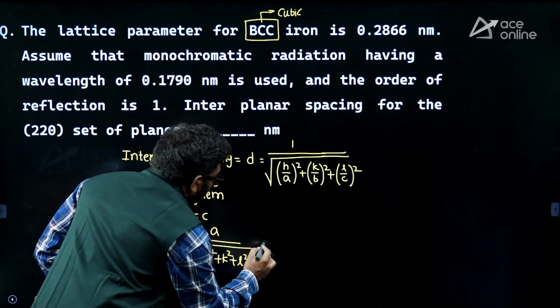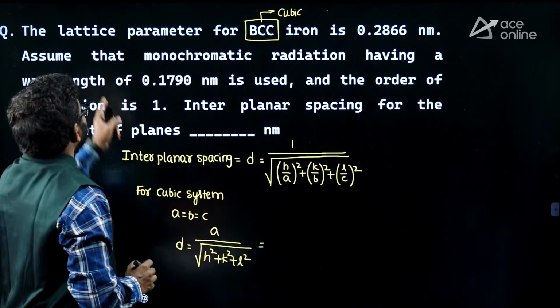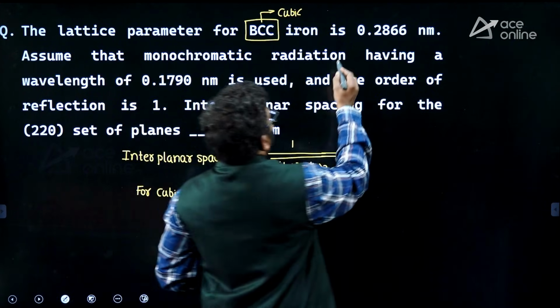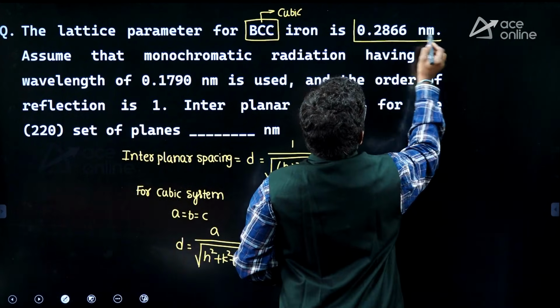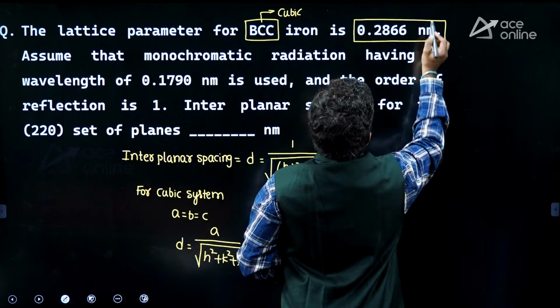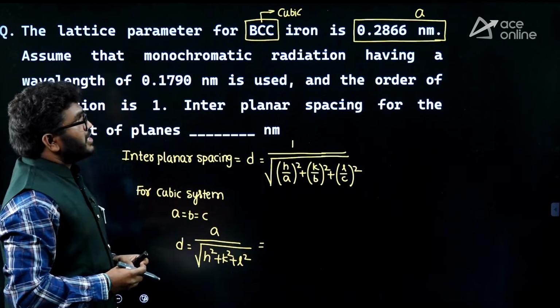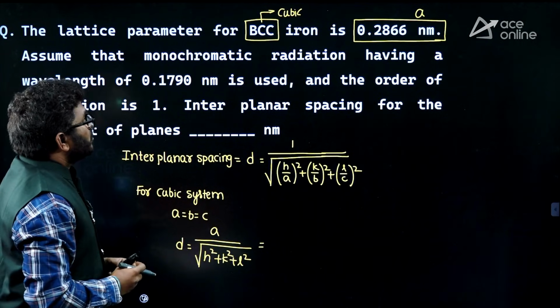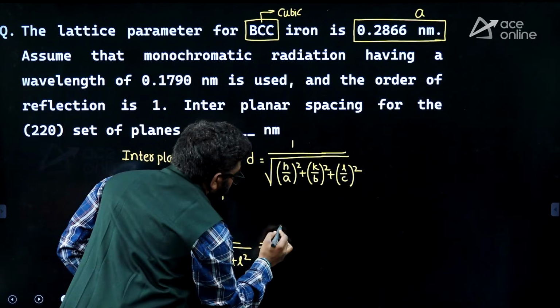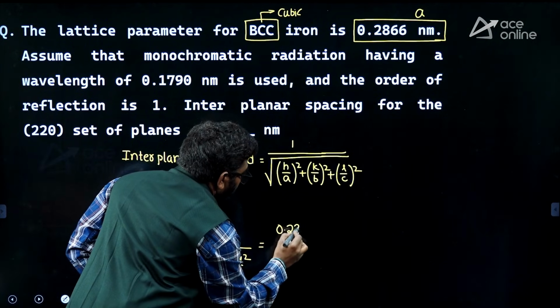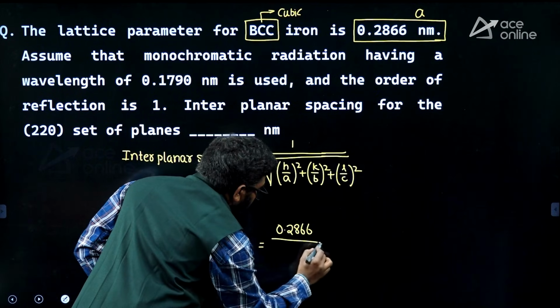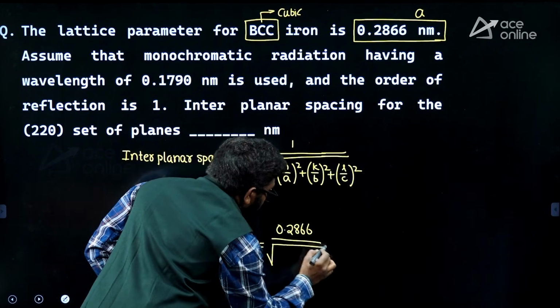Now here in the question, lattice parameter, that is nothing but a lattice constant, is given 0.2866 divided by Miller indices of a plane.